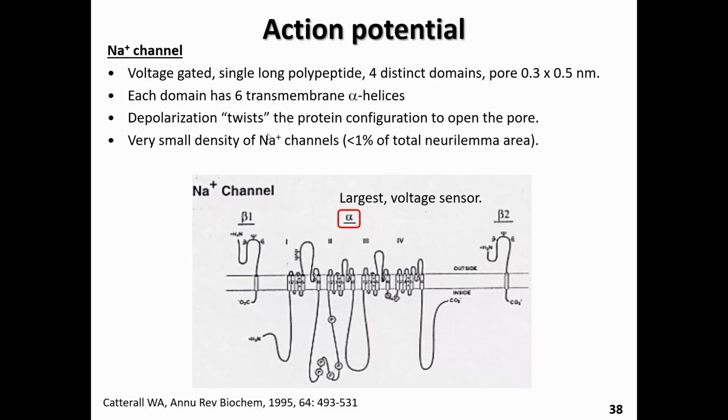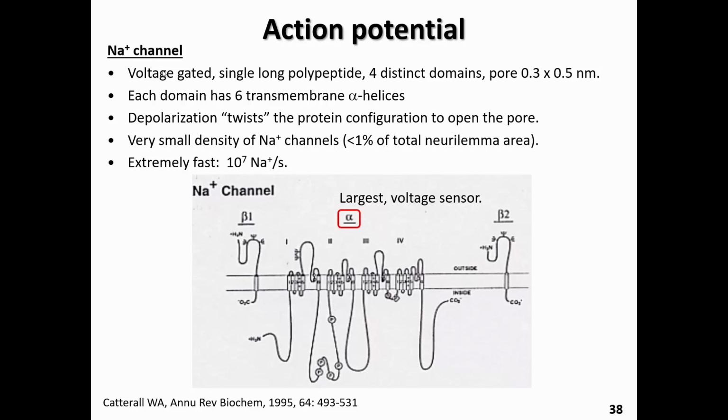And it's important to note here that when we talk about neurons in a general way, the neuron membranes typically have a relatively small density of sodium channels, which makes up a little bit less than 1% of the total membrane or the neurolemma of neurons, but this small number of sodium channels is still sufficient to allow communication along the axon of these neurons.